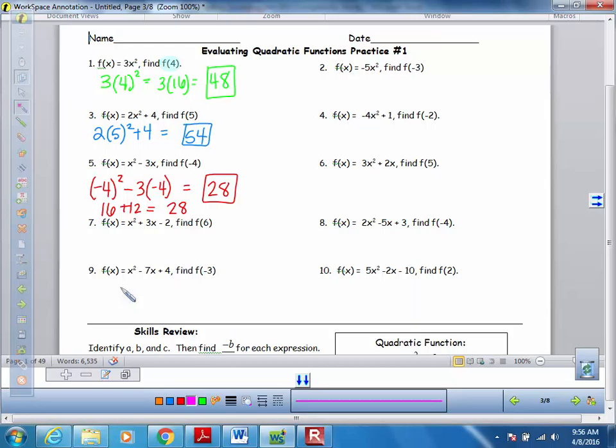So let's look at 9. In 9, we have a negative number again. So every time I plug in, I want to make sure I put my parentheses. So it would be negative 3 squared minus 7 times negative 3 plus 4. So you put that in your calculator.